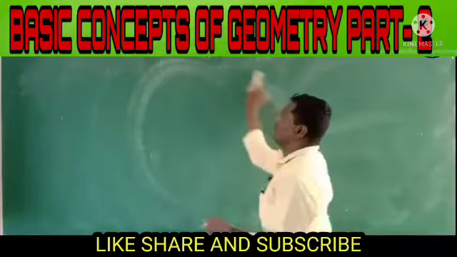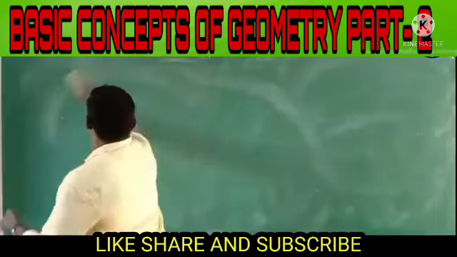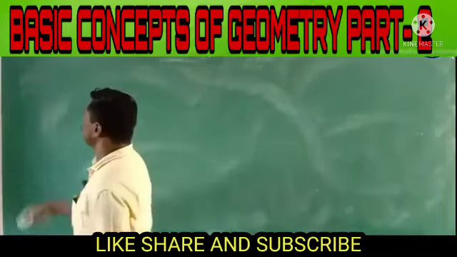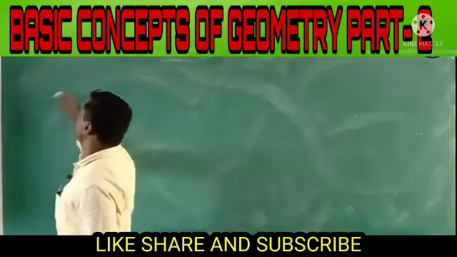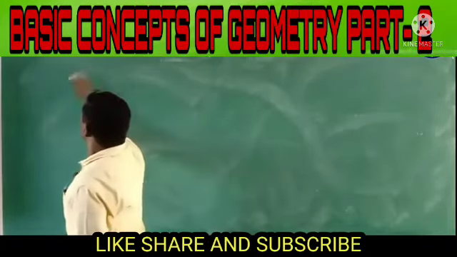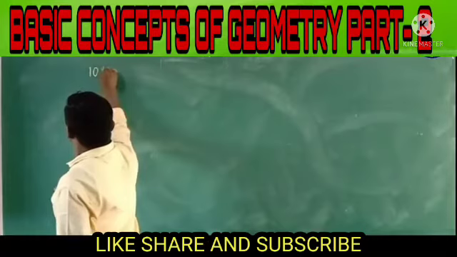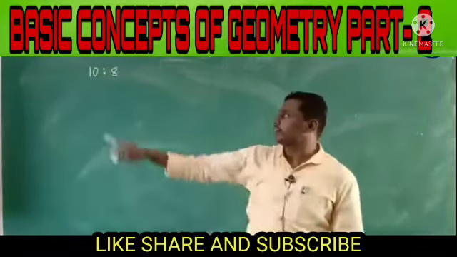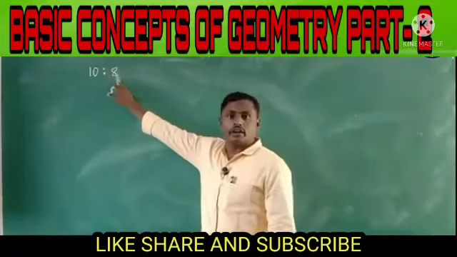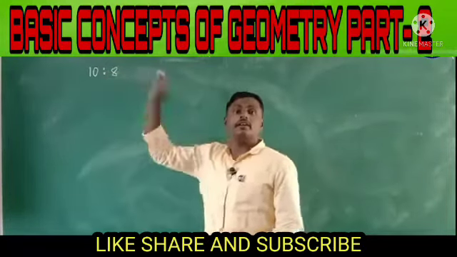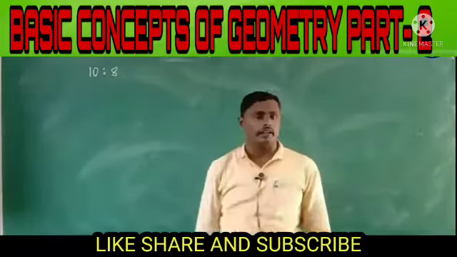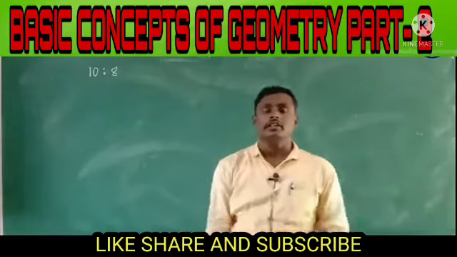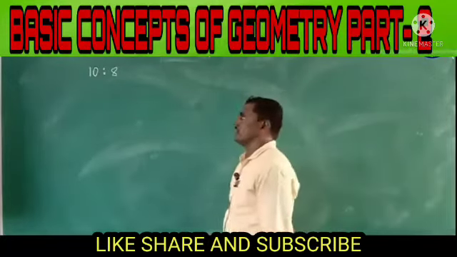Take one example here. The supplementary angles are in the ratio 10:8. Then find each angle. You need to find each individual angle, right?